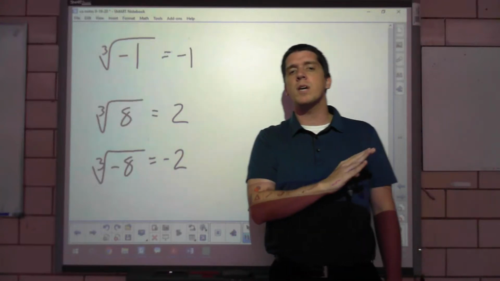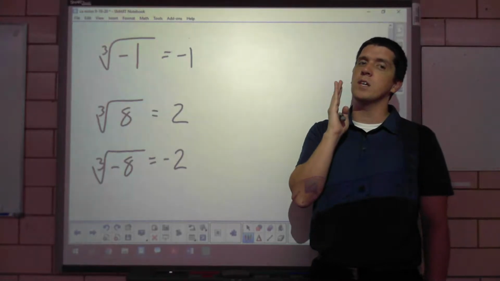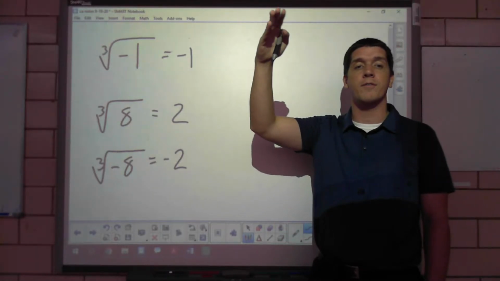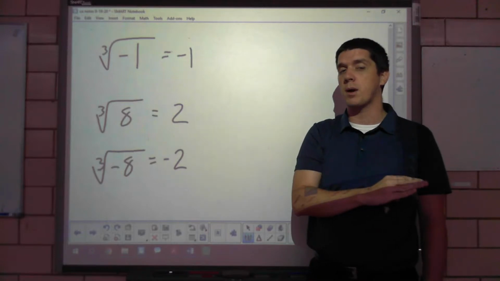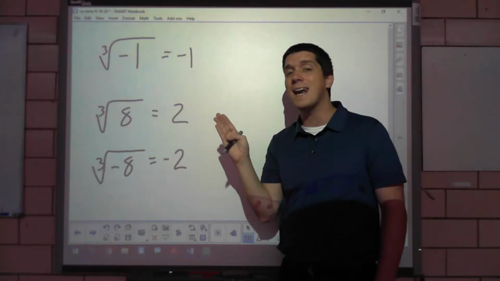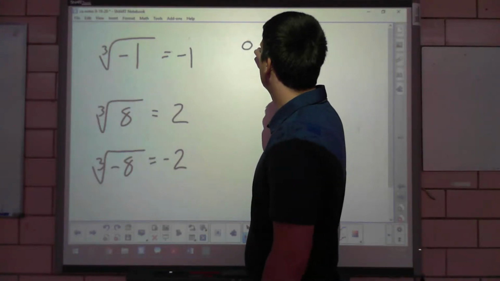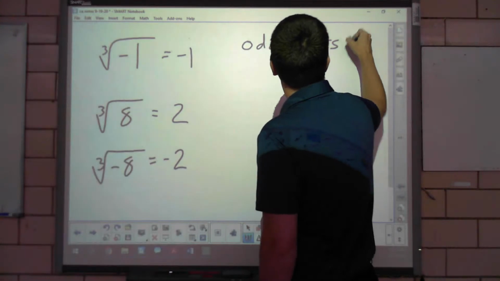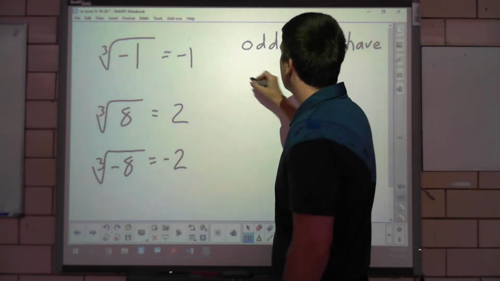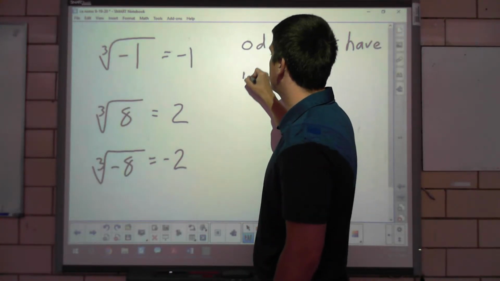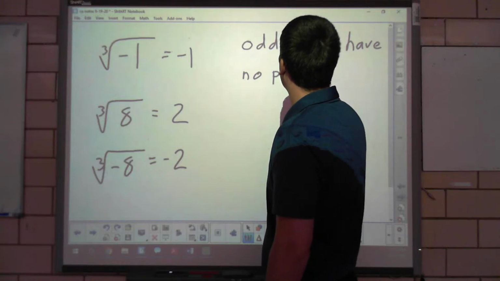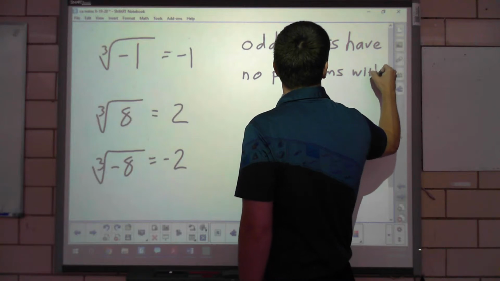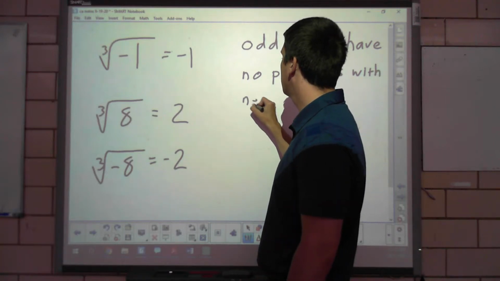The only time that we have an issue with negatives is when the root is even. If we were talking about a square root, a fourth root, a sixth root, and so on from there, that's when there's a problem with negatives. When we're talking about an odd root, they have no problems with negatives.